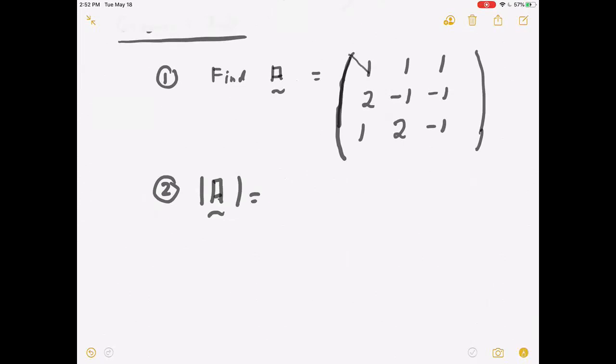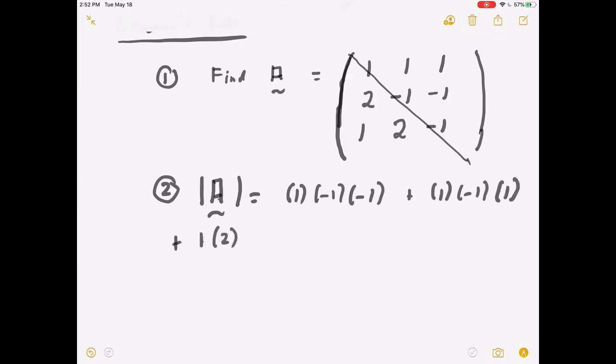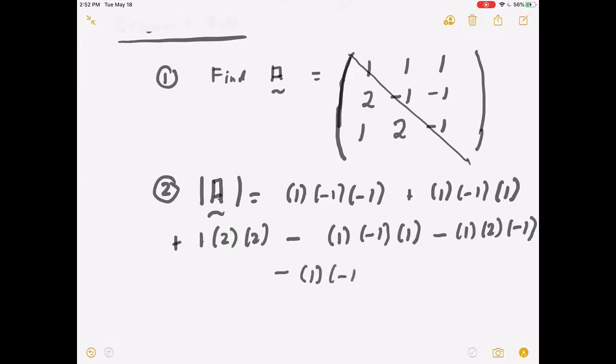Just using the high school rule starting out, we're going to get 1 times minus 1 times minus 1 plus 1 times minus 1 times 1 plus 1 times 2 times 2 minus, go backwards, 1 times minus 1 times 1 minus 1 times 2 times minus 1. And the last term, the 6th term, is minus 1 times minus 1 times 2.